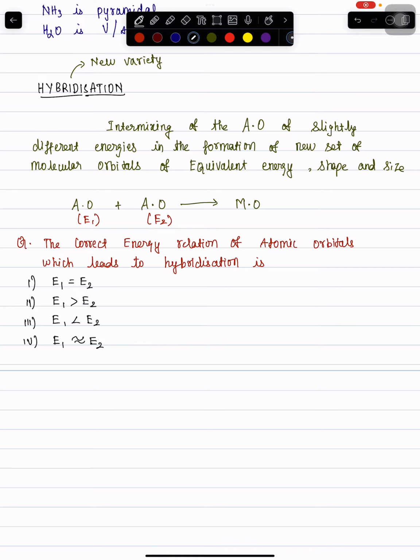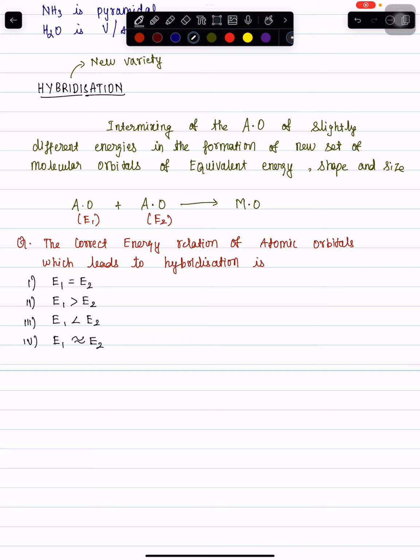As per the definition, atomic orbitals of slightly different energies can form a molecular orbital. So the first option, equal energy, should not be correct. Here we said slightly different. In the second option, E1 is greater than E2, but we don't know how much greater.